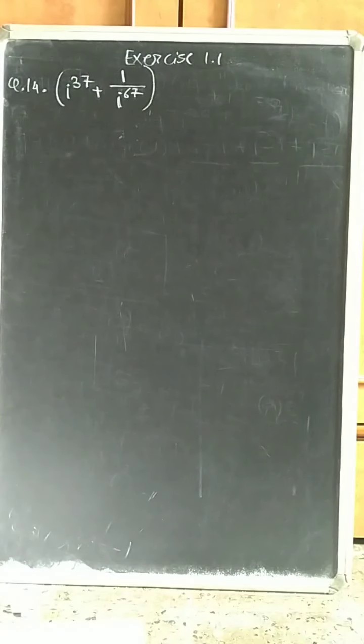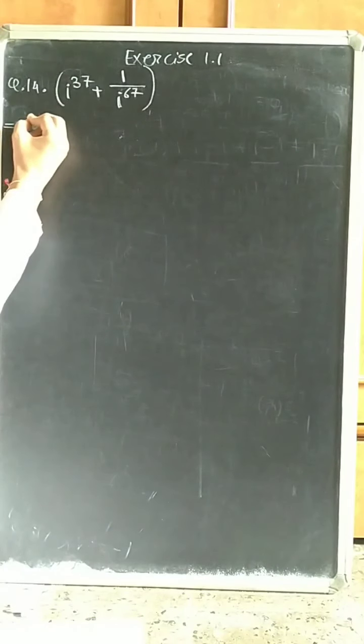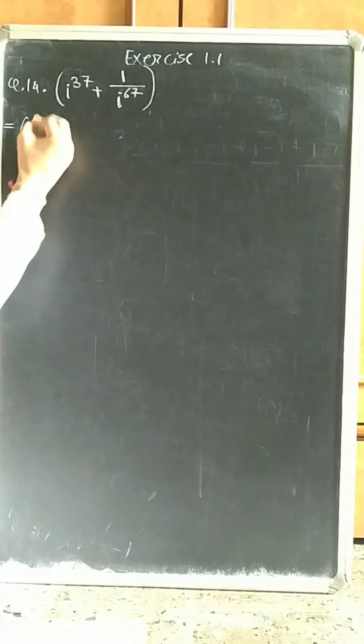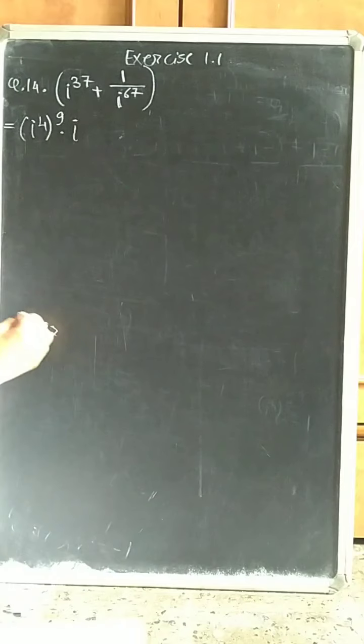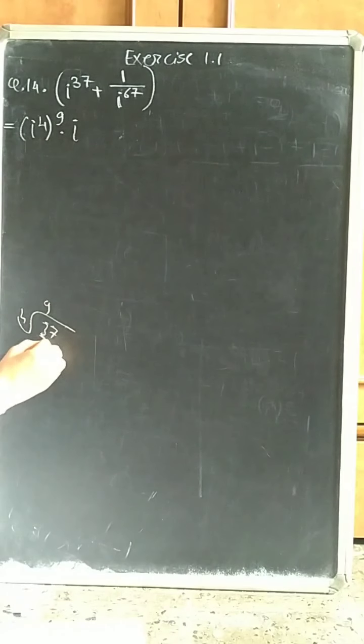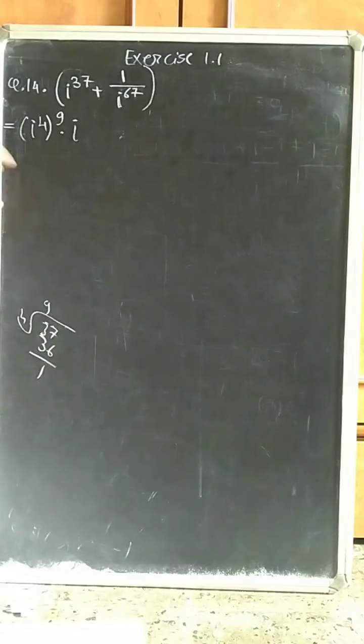Now let's evaluate. First of all, i raised to 37 is equal to i raised to 4 raised to 9 into i. जर आपण 37 ला 4 ने डिवाइड केलं, 4 9s are 36 and remainder is 1. Okay.